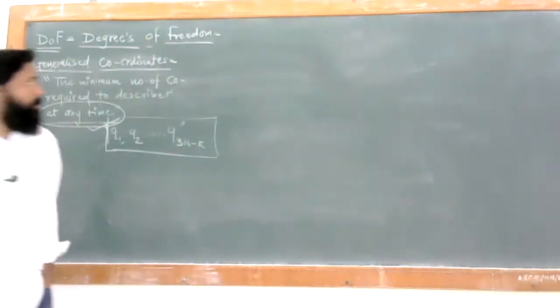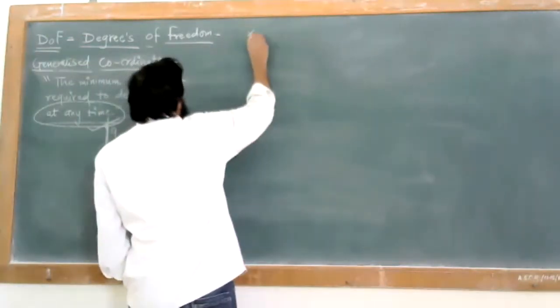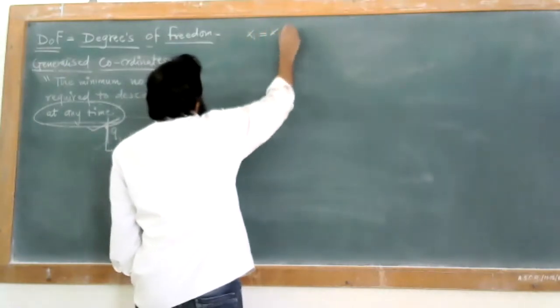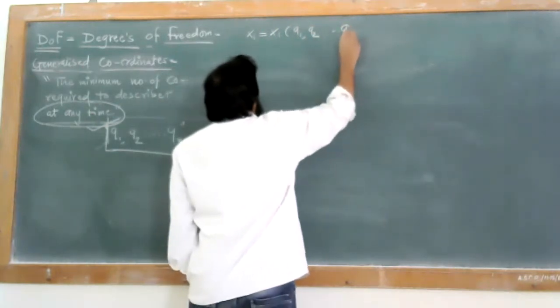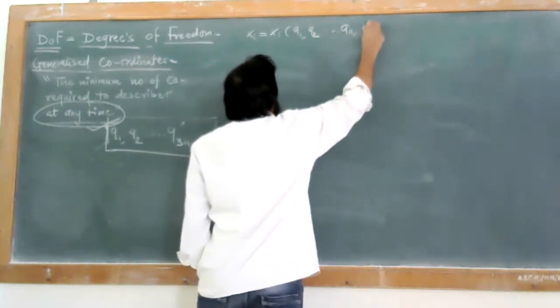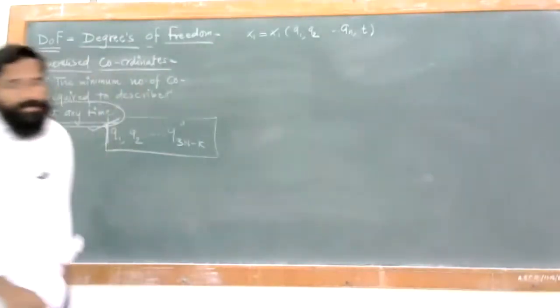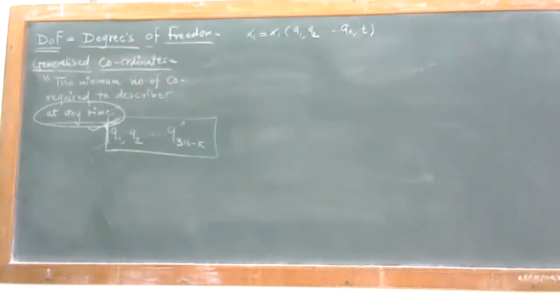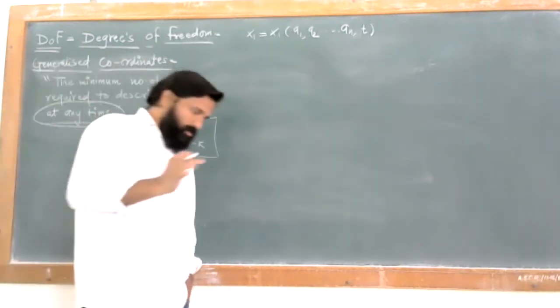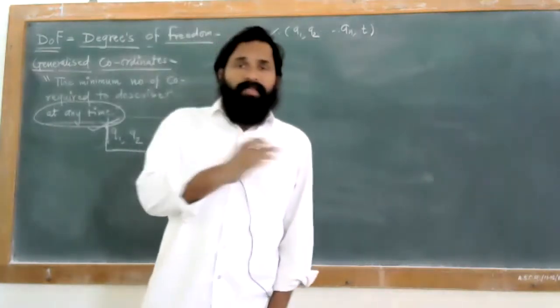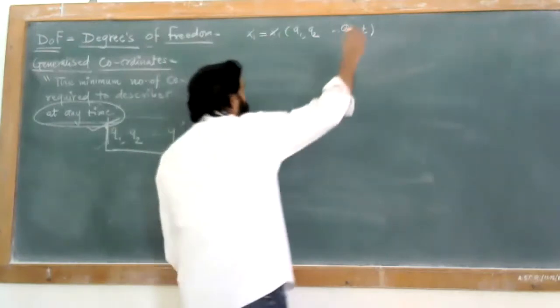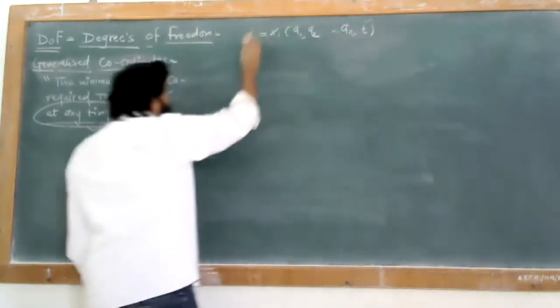That is, this x1 can be given as x1 of q1, q2 up to qn and t. Just remember that we'll have a time that is always included in these generalized coordinates. ठीक है, ज्या वेळेस आपण हे जनरलाइज्ड कोऑर्डिनेट्स लिहिणार आहोत तर त्या वेळेस आपल्याला हा जो काही टाइम आहे हा त्याच्यामध्ये घ्यावा लागेल. सो x1 is like this.